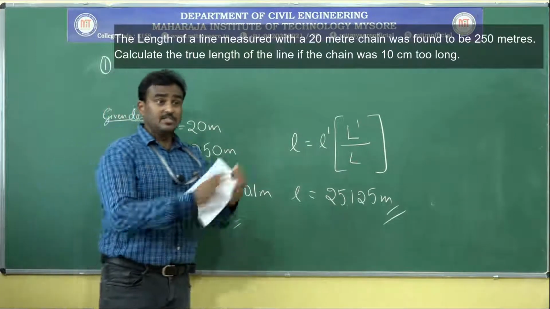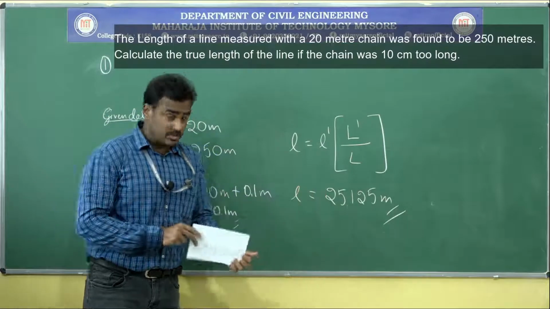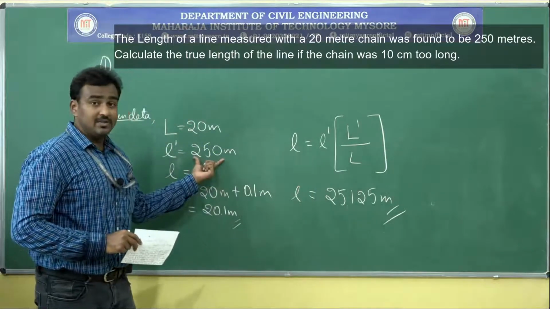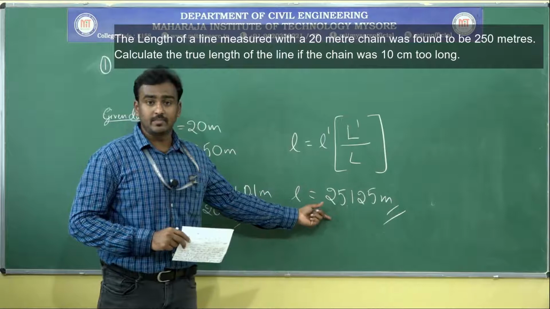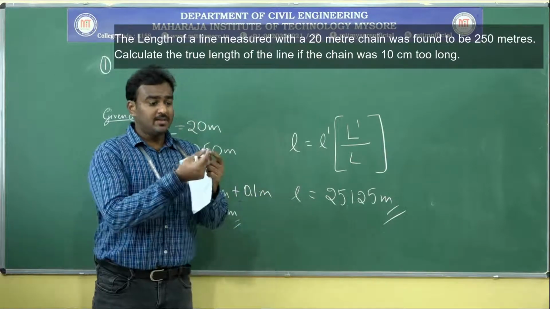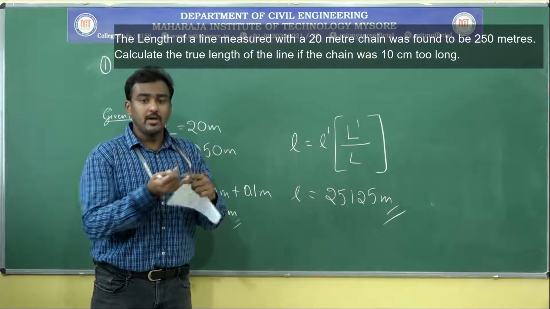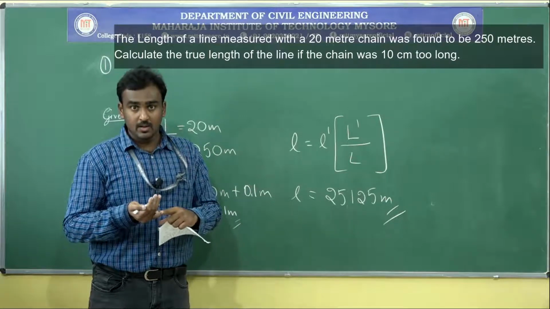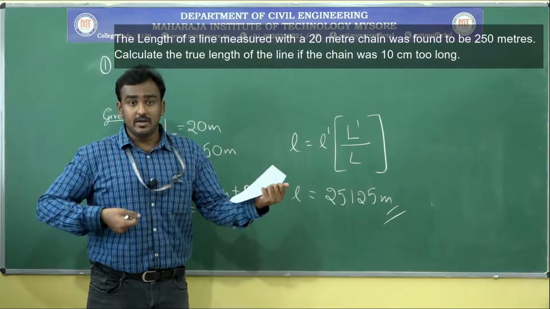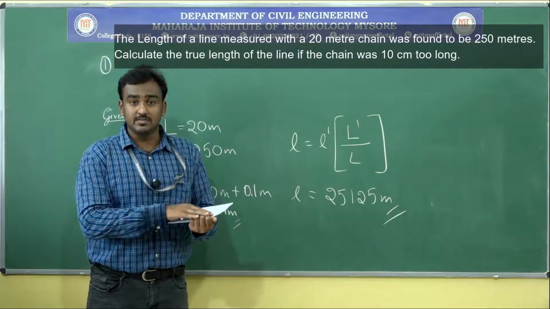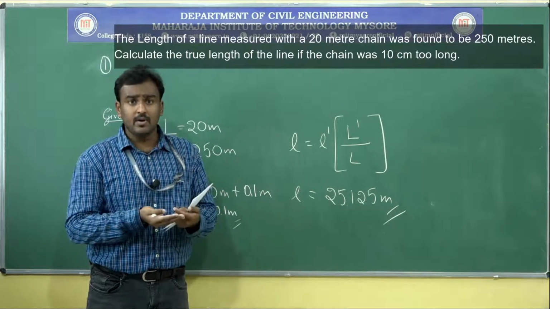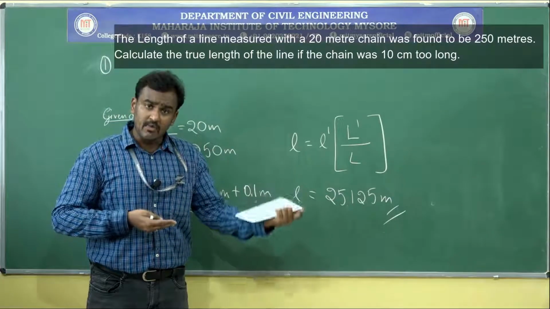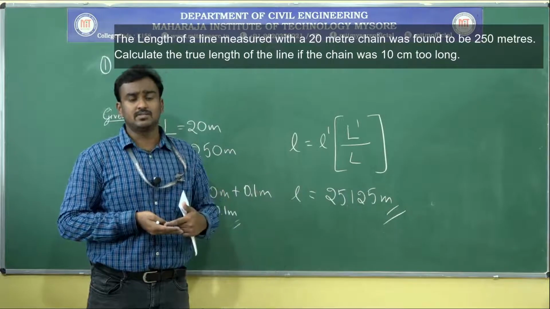That means if the chain is too long, then obviously we will get measurements lesser than the true length. Why? If we use a chain, it might be due to thermal expansion, as it has some coefficient of thermal expansion. If you use tape, it might be due to some manufacturing defects or thermal expansion.